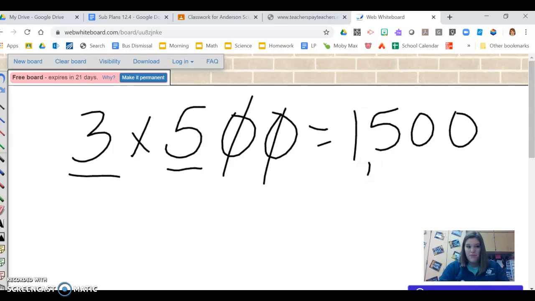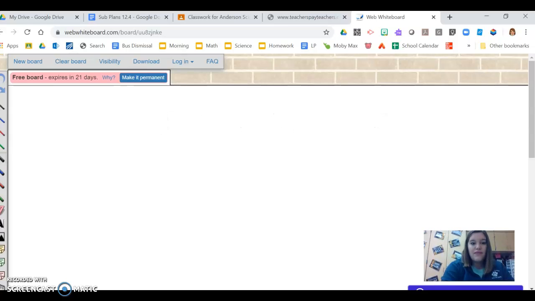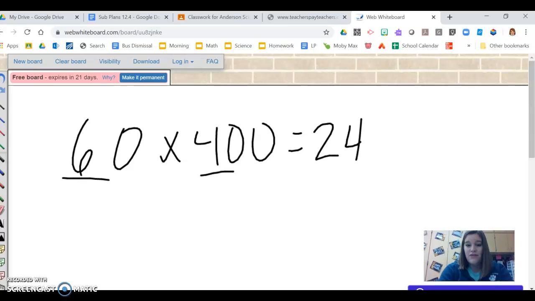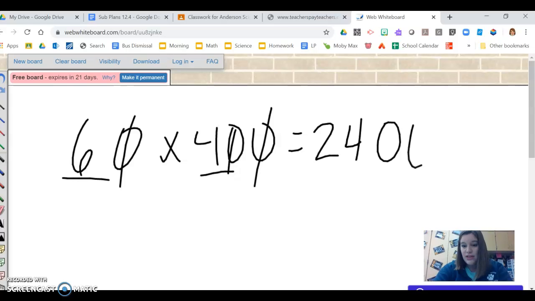That's no problem. Even if we see, let's say, 60 times 400, same thing. Multiply the basic fact to be 24, and we total up our zeros. We add them all together. So 3 zeros would be 24,000.